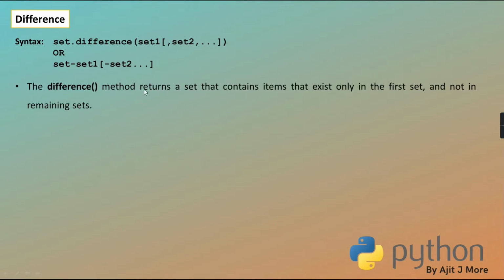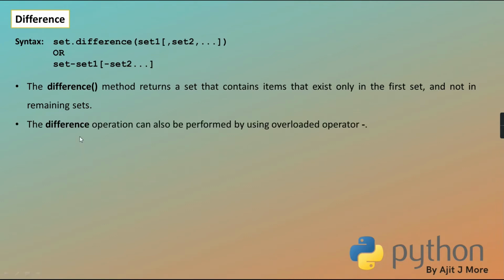The difference method returns a set that contains items that exist only in the first set and not in the remaining sets. The same operation can be done by the overloaded operator minus.